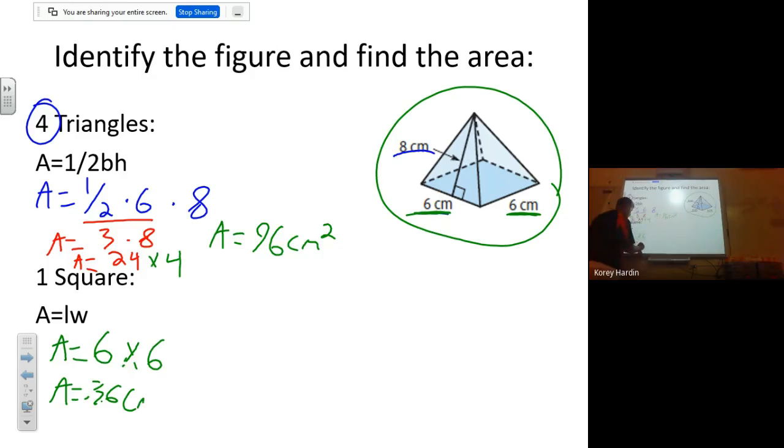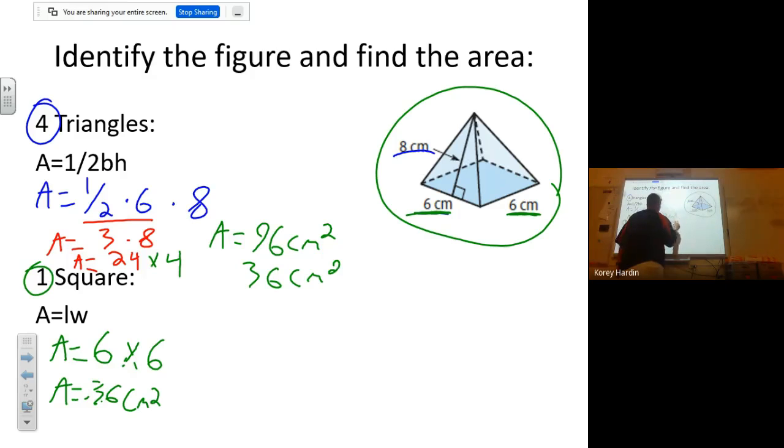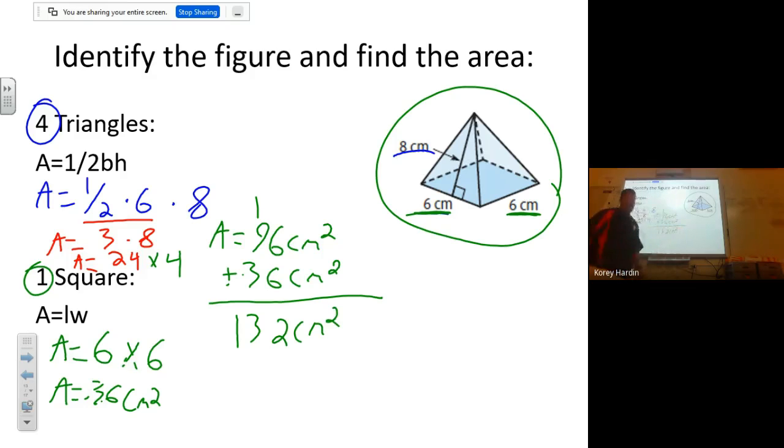Now, I only have one square, so I keep that as it is. Then I add 36 centimeters squared to my area. That gives me 132 centimeters squared. And that's going to be my surface area for this square pyramid.